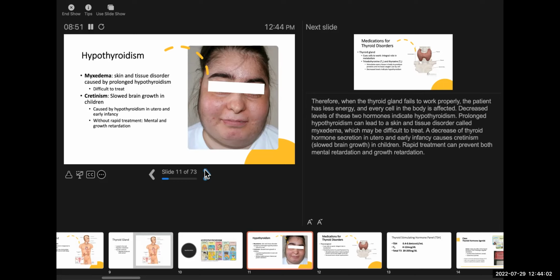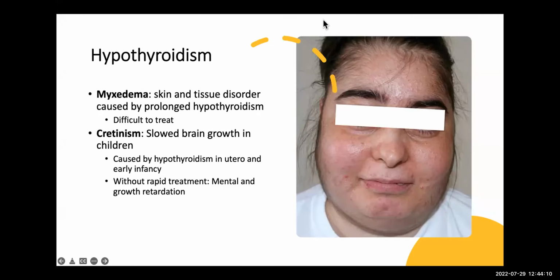There's a little kid there with cretinism. They have the bulgy stomach. Sometimes it just depends.